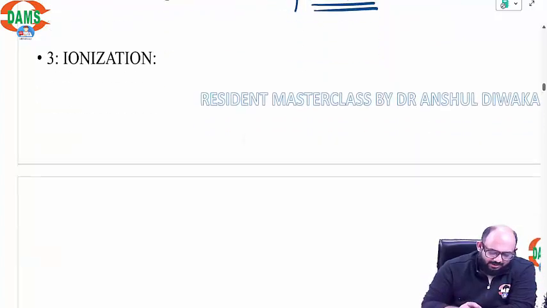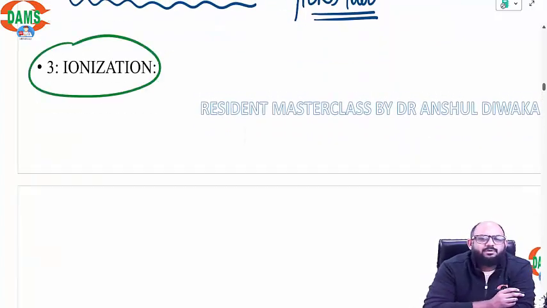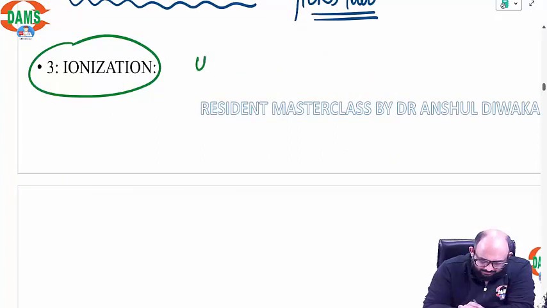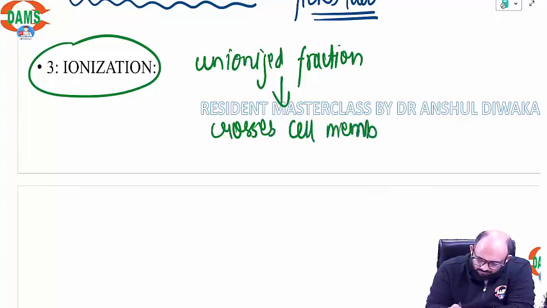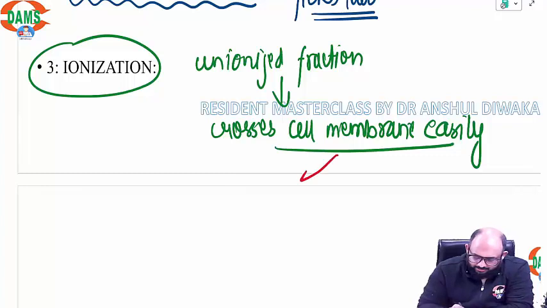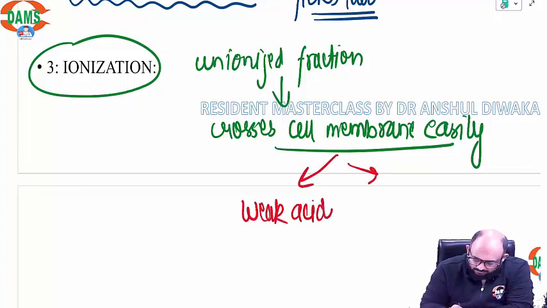Ionization. Remember about ionization that it is the unionized fraction which crosses the cell membrane easily. This ionization becomes very, very important in drugs which are weak acids and weak bases. Why?